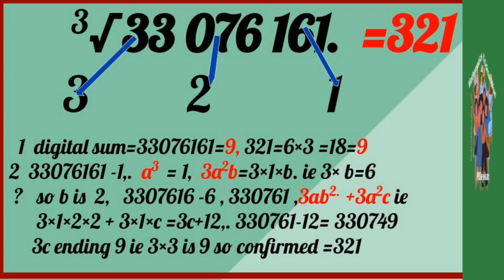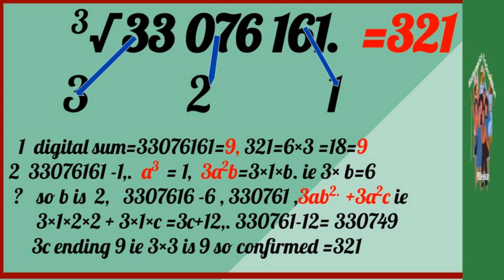How to find the cube root of 33076161? This can be grouped into 3 groups. In the first group, there will be only 2 digits, and 2 groups of 3 digits each. The number ends in 1.